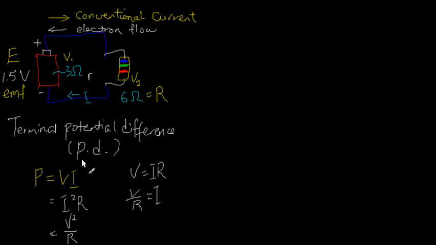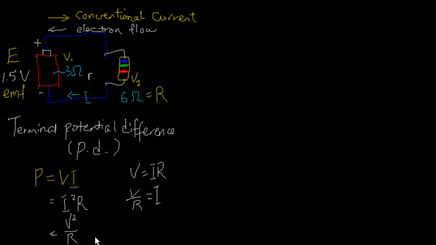VI: the V and I would be the voltage and current across the resistor, and we know neither of these. We know that the EMF is 1.5 volts, but that's not the voltage across the resistor, because some of that 1.5 was taken up by the internal resistance, and we don't know the current yet. So we just know the resistance. So we must find at least one of these.